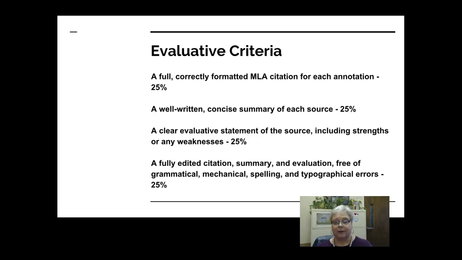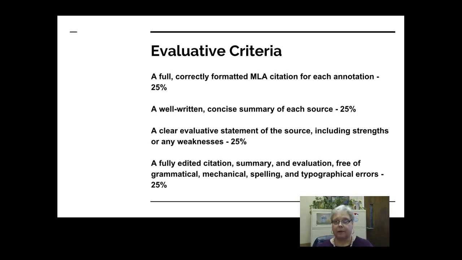So if I made some comments about your citations from Project 4 essay that need to be fixed, then please fix them, because 25% of this is going to be based on whether you did the MLA citation correctly or not.